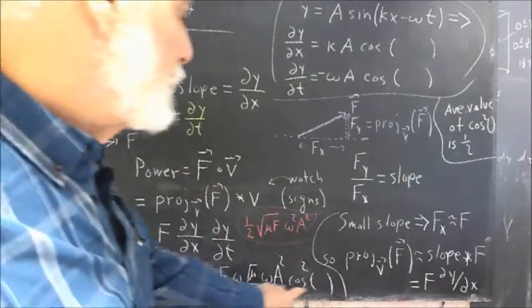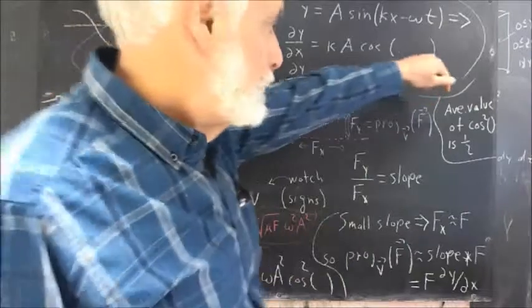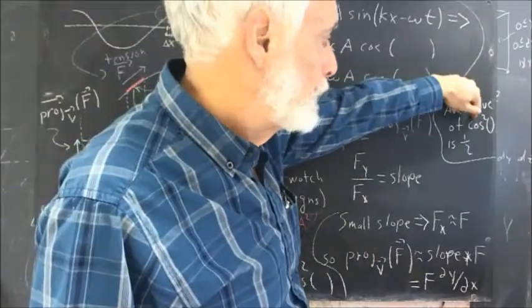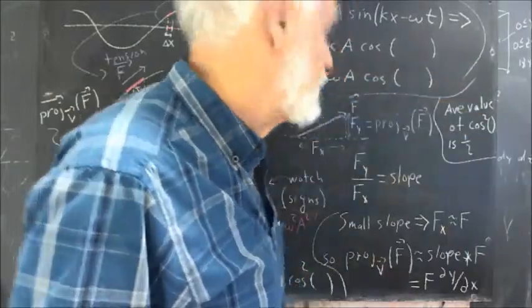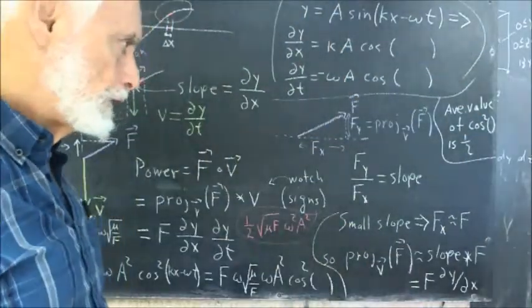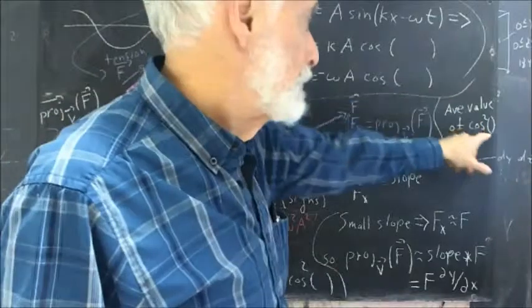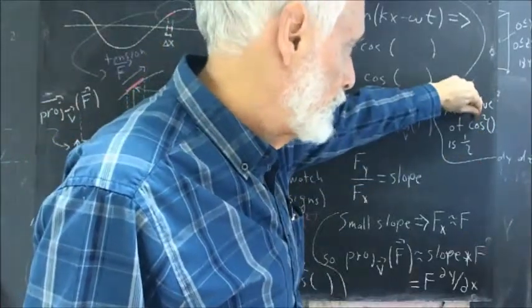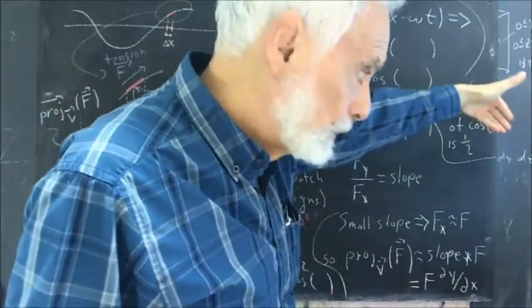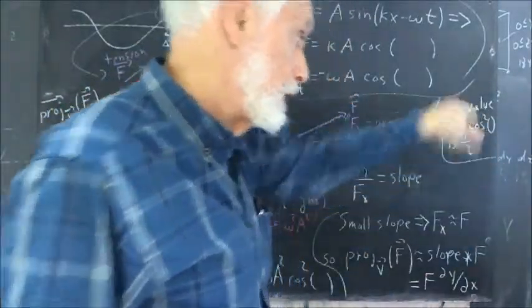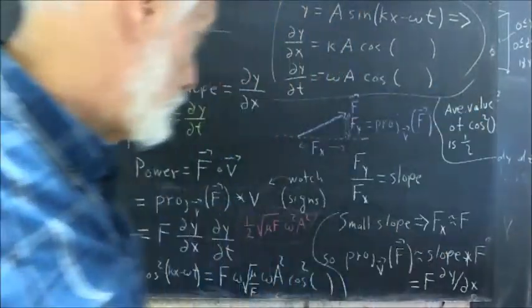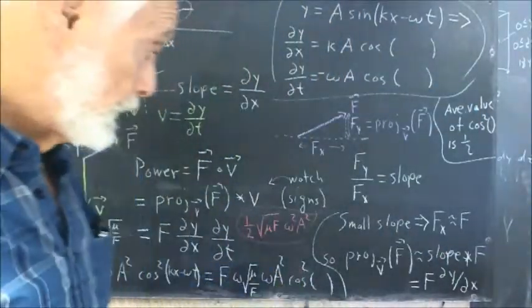And then we have this cosine squared, but we know that the average value of cosine squared over any whole number of cycles is 1/2. Since we're talking about a wave with a large number of cycles, we can safely say that the average value of the cosine squared of kx minus omega t is going to be 1/2. And you should review how to integrate that and just why the average value of the cosine squared is 1/2. Very important quantity.